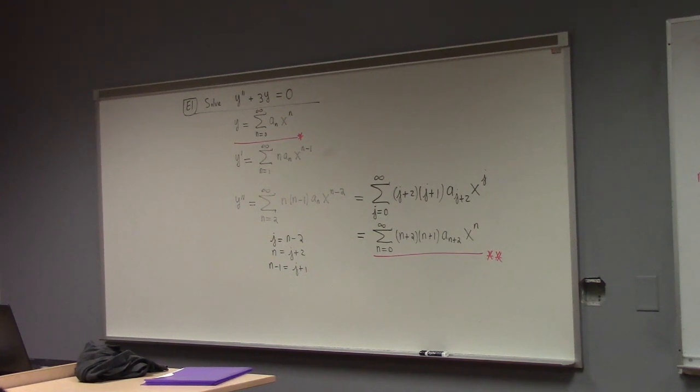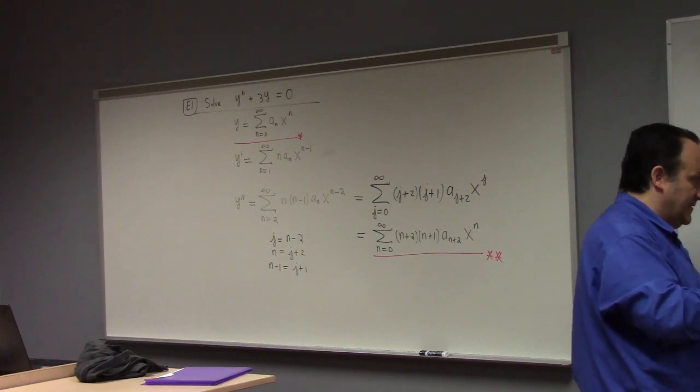When I plug in what a sub 5 is, I get minus 3 cubed a sub 1 over 7 times 6 times 5 factorial. But that's exactly 7 factorial, right? My point is, the pattern is very much the same for the odd indices.